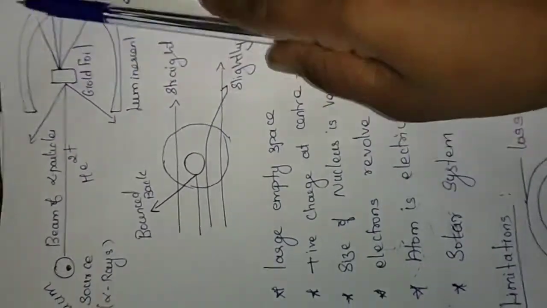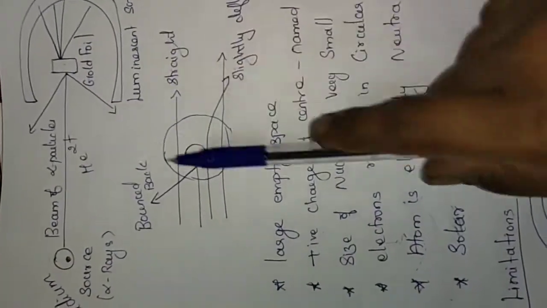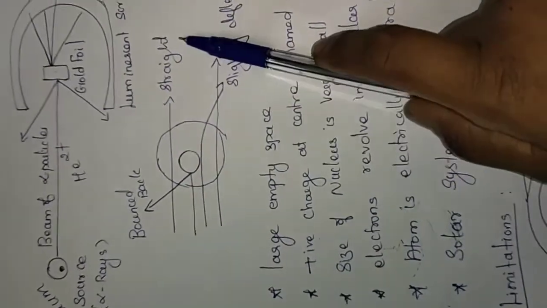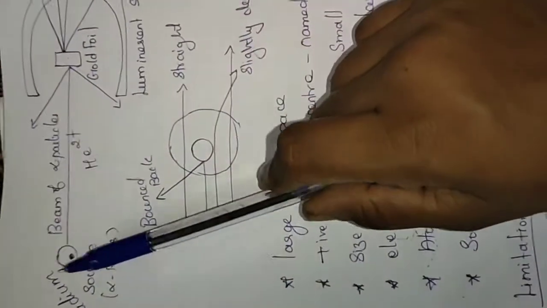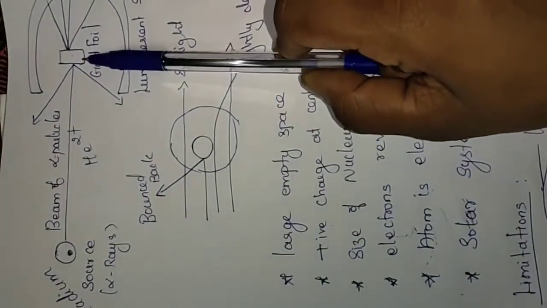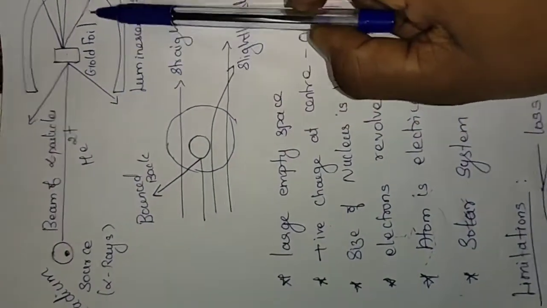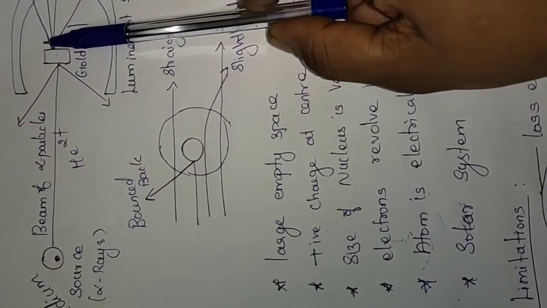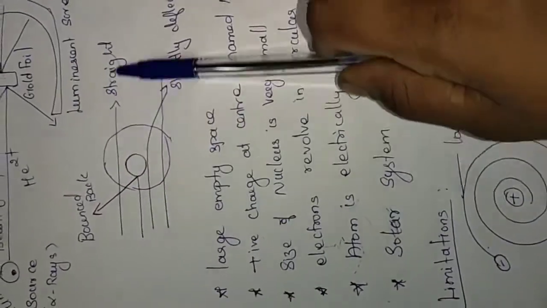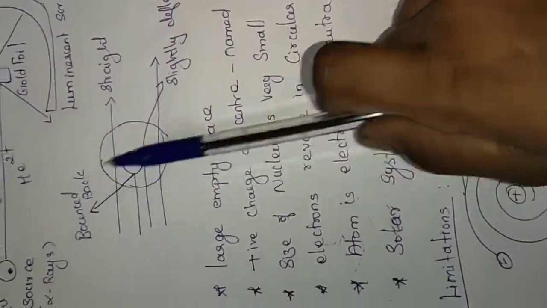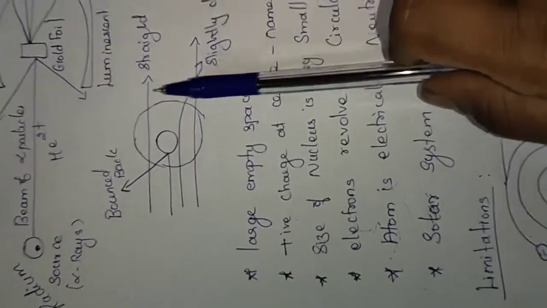From this gold foil experiment, he analyzed the results, and under the heading Rutherford atomic model, he showed a few results. Have you understood, students? Rays are coming, hitting the gold foil. There are several deviations in the rays. Through the luminance screen we detected that few rays went straight, few bounced back, few deflected. What is the reason?